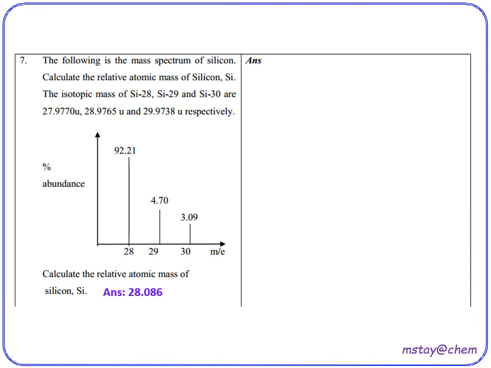Question number 7. The following is the mass spectrum for silicon, and calculate the relative atomic mass. When I read this, the requirement of the question mentions relative atomic mass, so I know that my final answer supposedly has no unit.